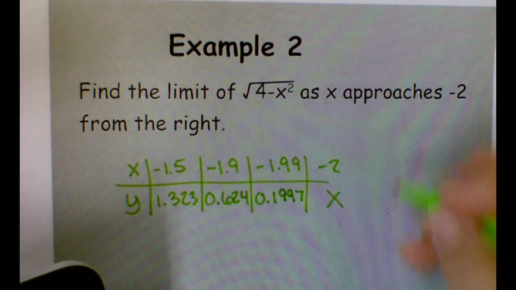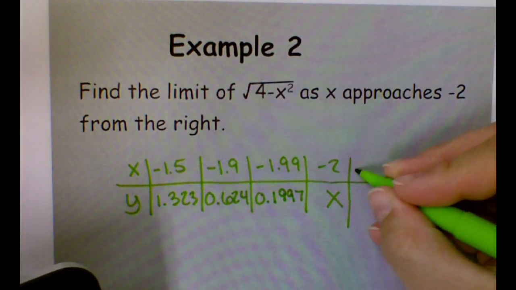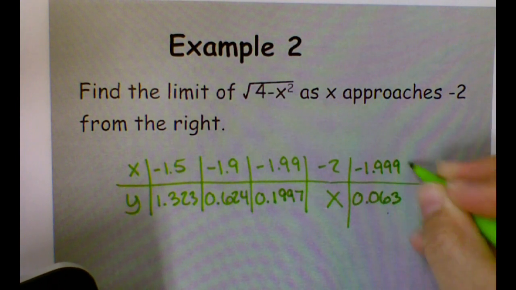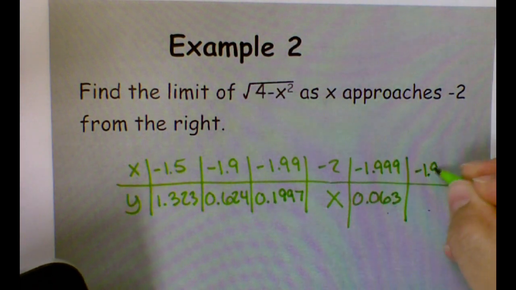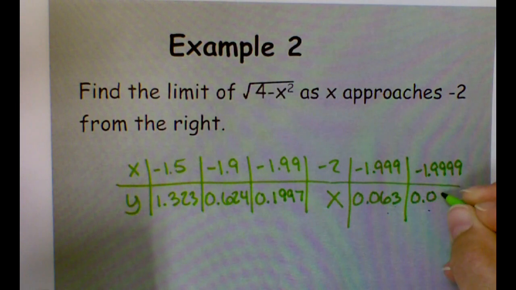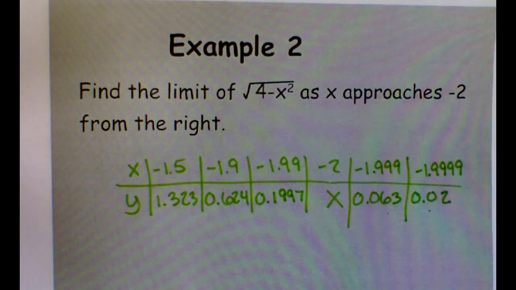I get 0.063. How about negative 1.9999? 0.02. Looks to me like it's getting smaller and smaller.